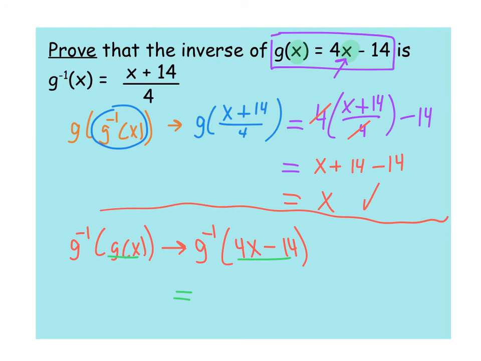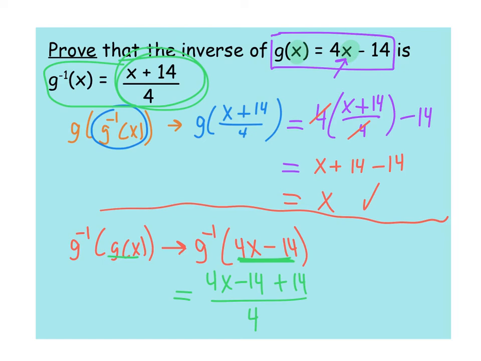Now let's do this rule to this expression. The rule for g inverse is right here, x plus 14 over 4. So our x value is actually 4x minus 14. Then there's a plus 14, and it's all over 4. We just need to algebraically keep simplifying this, and hopefully it ends up at just x.